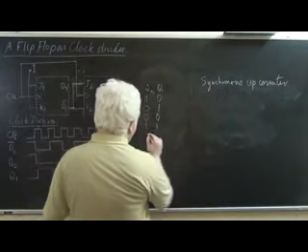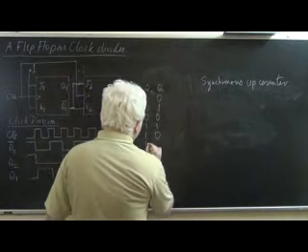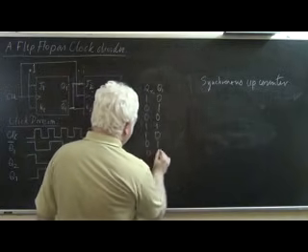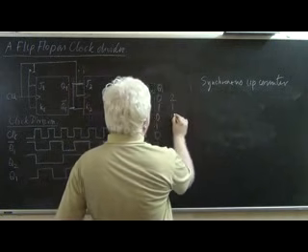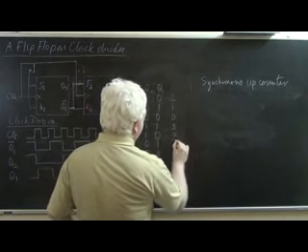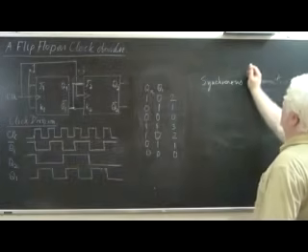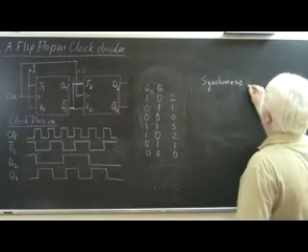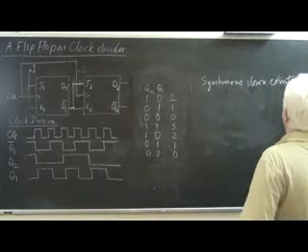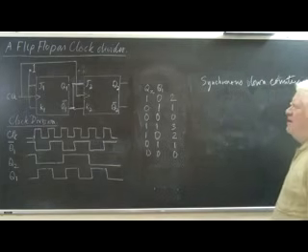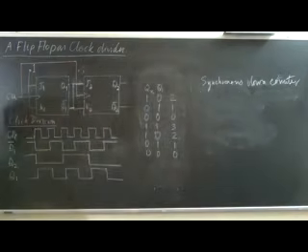You have again 1, 0, 0, 1, 0, 0, and so on, which comes to 2, 1, 0, 3, 2, 1, 0, which is synchronous down counting. This gives you a 2-stage or 2-bit synchronous down counter.